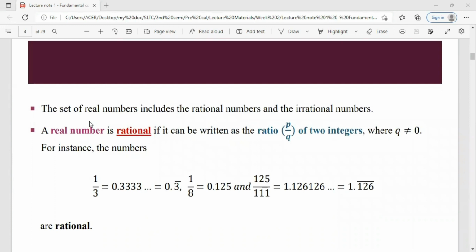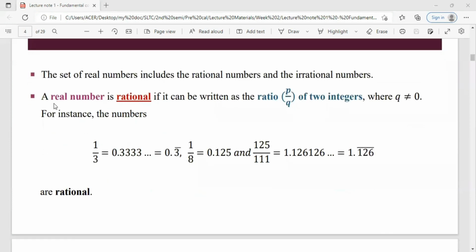The set of real numbers includes the rational numbers and the irrational numbers. So we know that real numbers can be divided into two groups, rational numbers and irrational numbers, right? A real number is rational if it can be written as the ratio P divided by Q of two integers, where Q does not equal 0.